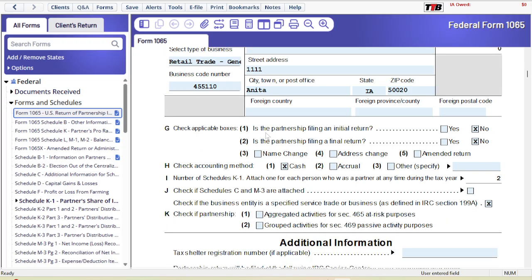So G is asking, is this partnership filing an initial return? If that's your first time filing a 1065 return, you click yes. In this example, we are going to say no. Is this partnership filing a final return?